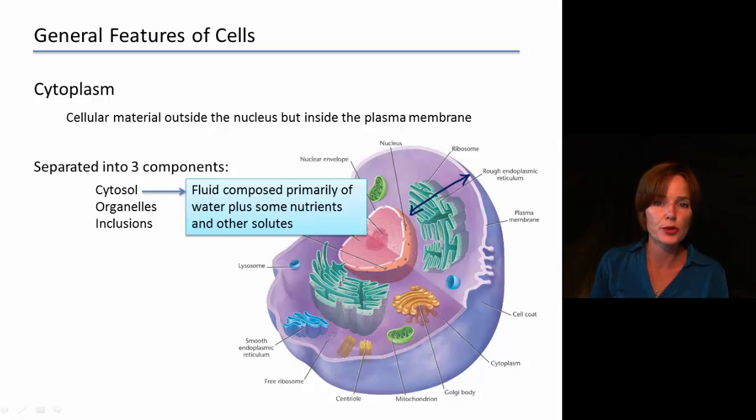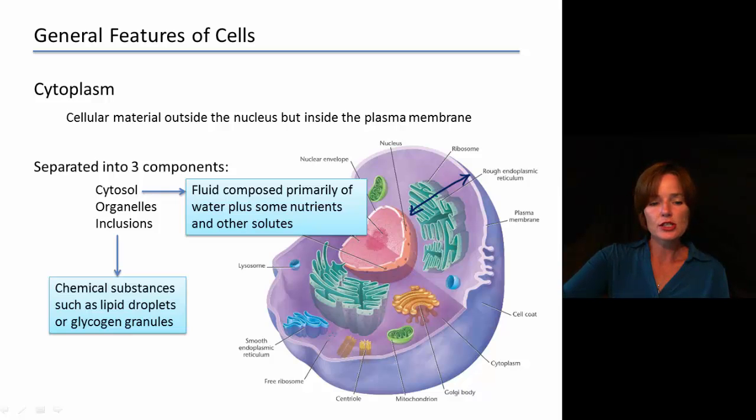The cytosol is a fluid that is the water-based material that we do find outside of the nucleus. There's water there, and then there will also be a lot of things dissolved in the water. So other nutrients and molecules, maybe some sugars, that would be there. The organelles we're going to get into later because those are the larger structures that you see here in all the different colors, and they perform a lot of different activities and roles for the cell.